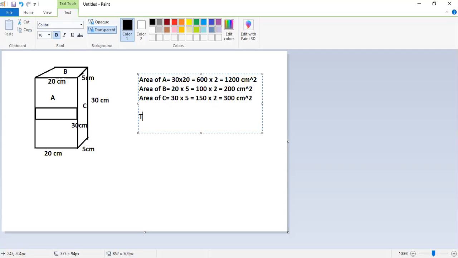Now finally, we are going to add all the numbers to get the total surface area. What did I write? Total surface. Okay, we are going to find the surface area. And over that, I made a spelling mistake too. Okay, area is going to be equal to 1200. Yes, you might say, teacher, the comma is missing. Yes, it's missing everywhere. Fine. Plus 200 plus 300 is going to give you how much?